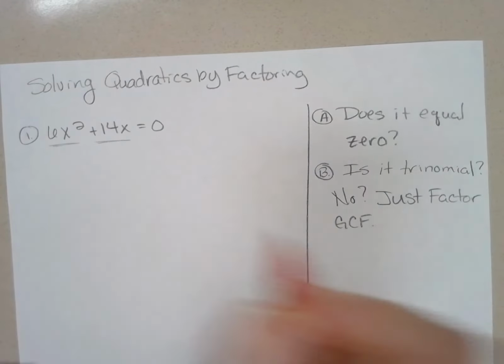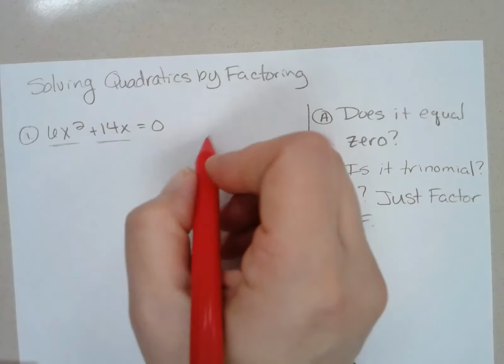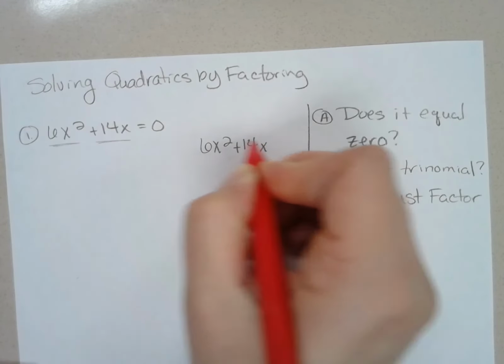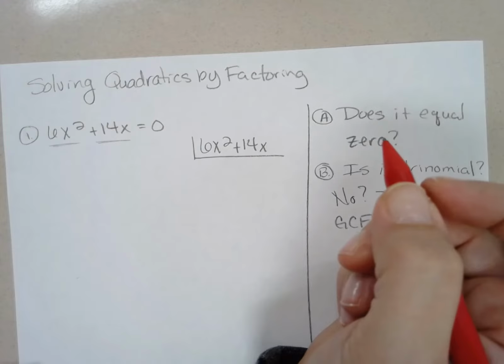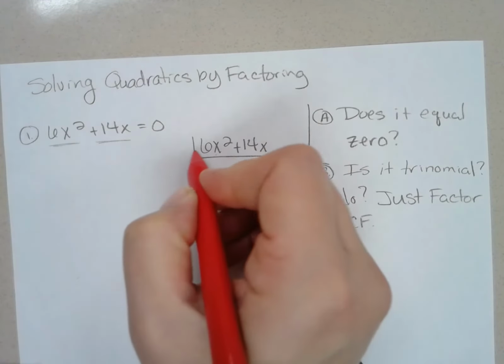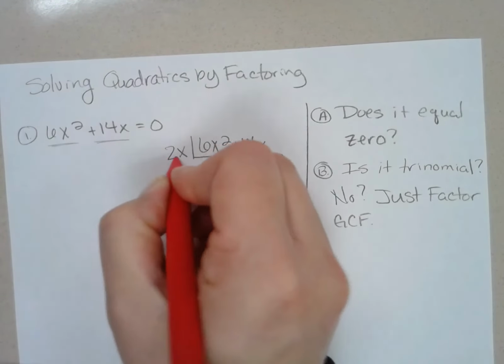So we're going to look at these two pieces and factor out the biggest thing that they have in common. I have 6x squared plus 14x. I'm going to look at this and go, oh, they both have an x in common. This x has the smallest exponent, so I'm going to factor that out. These are both even numbers, so I'm going to factor out a 2.